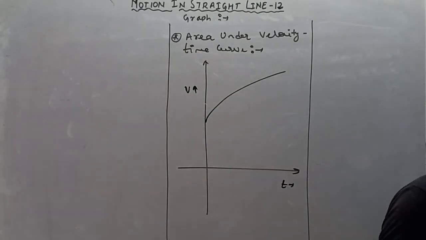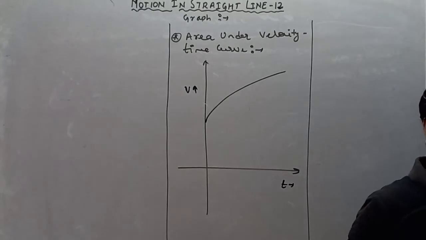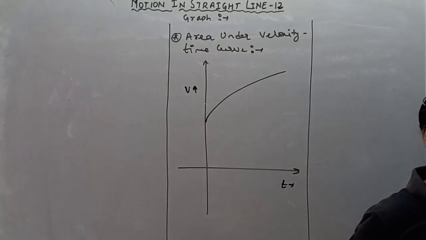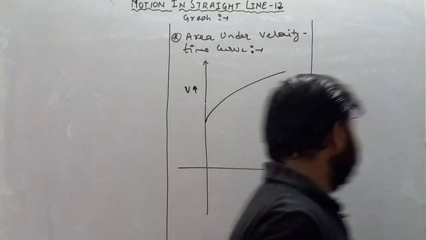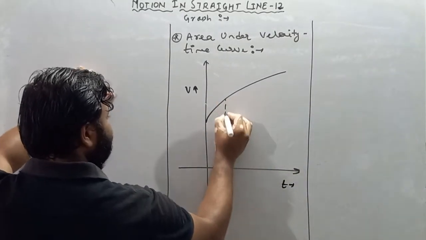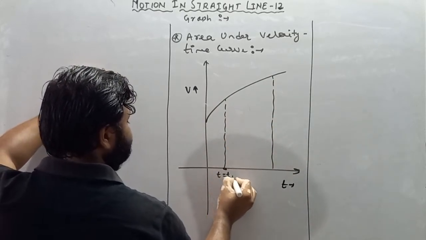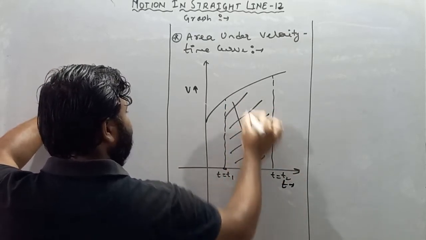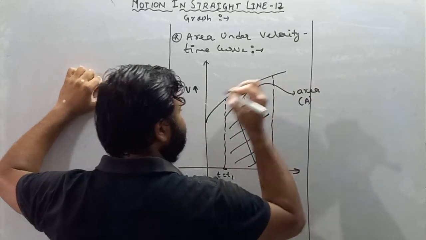We know that if we have a function that is changing with respect to x, then if you find the area under y with respect to x, that function is represented through that area. So let's suppose we have time, here t equals t1 and here t equals t2. You are seeing that the particle covers some area. Let's suppose the area is A.